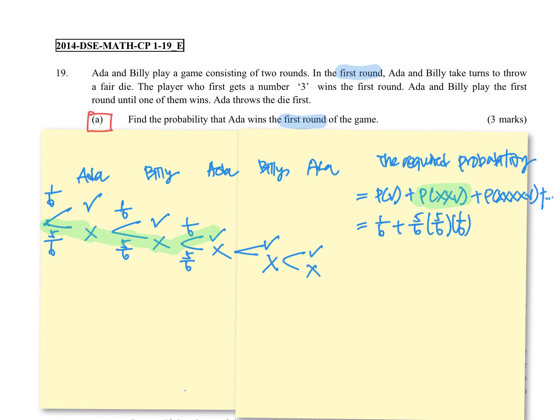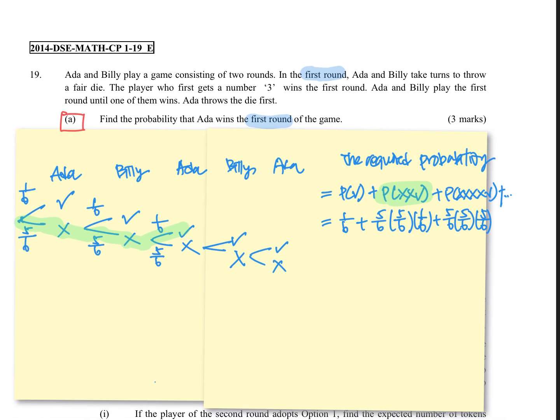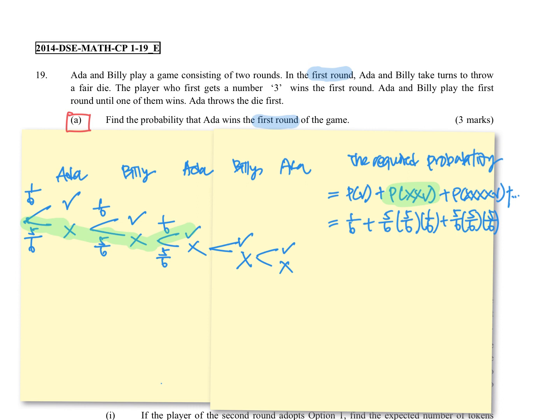Using the multiplication rule of probability. And for the fifth round, that will be 5 over 6 times 5 over 6 times 5 over 6 times 5 over 6 times 1 over 6.